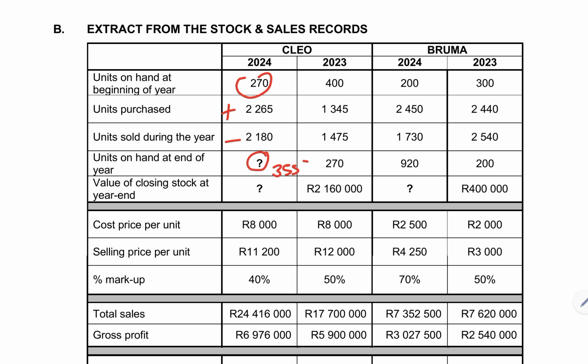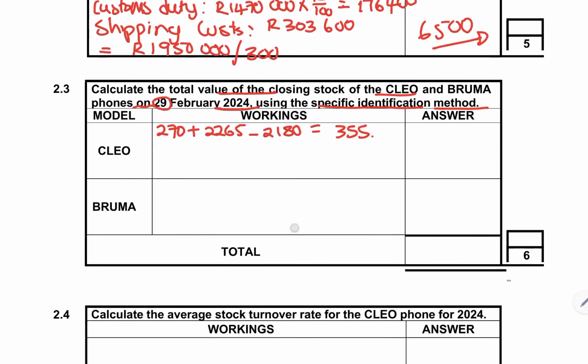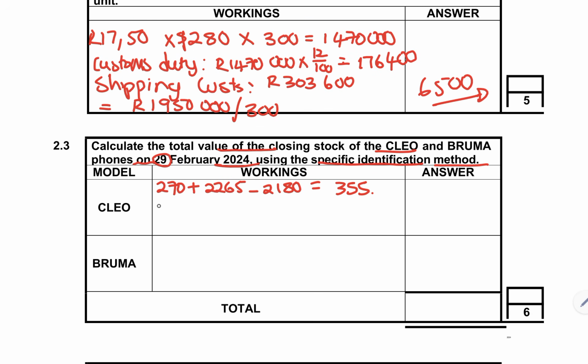Now when you check here, the cost price per unit is 8,000. So to get the cost, you'll say 8,000 multiplied by 355, which will give you 2,840,000. So that information will be entered here: 355 units multiplied by 8,000 gives us 2,840,000. So that part is covered.